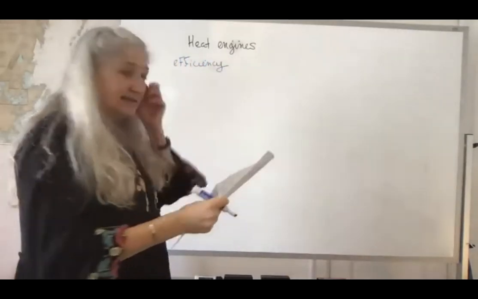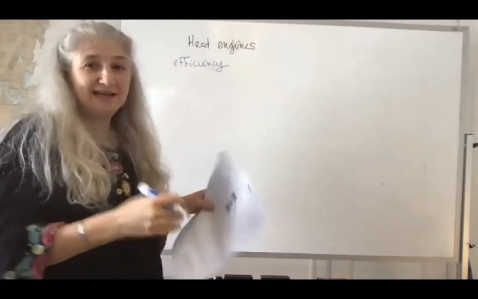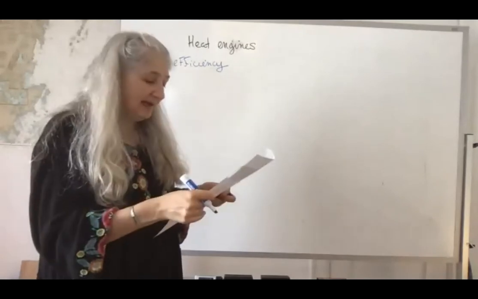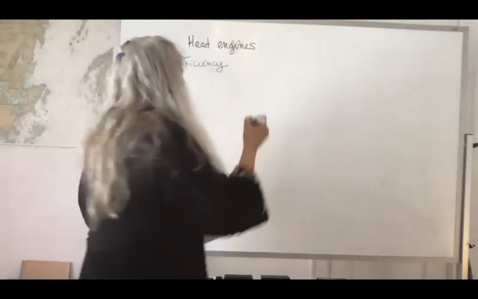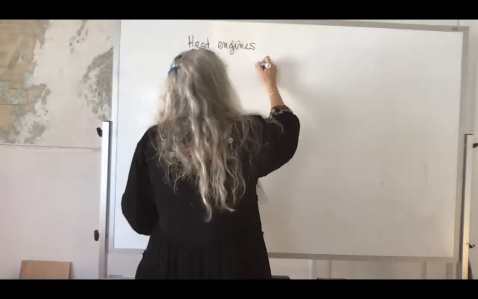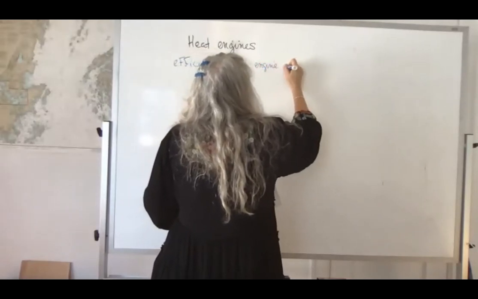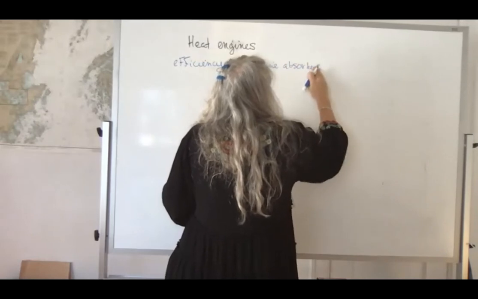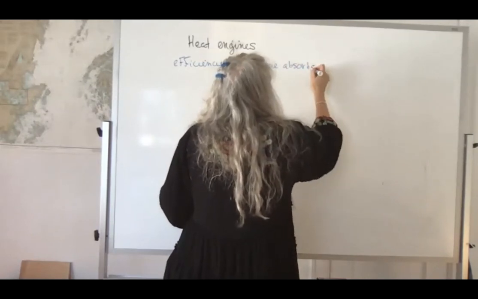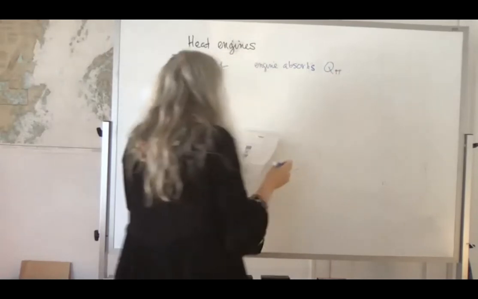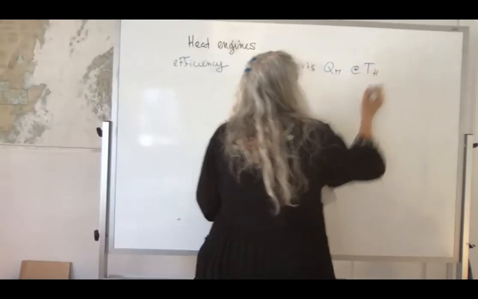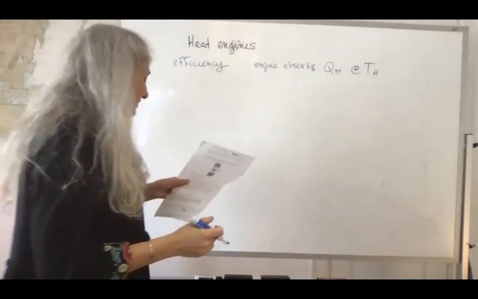With a heat engine, you're getting work and you're doing a transfer of heat. And so the engine absorbs QH, and this is at TH, the temperature of the hot reservoir.